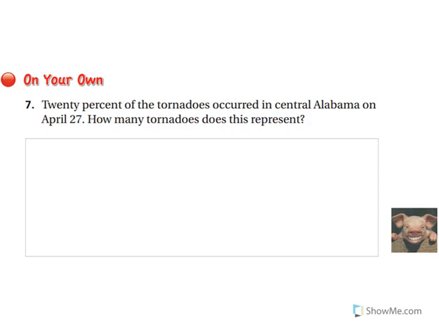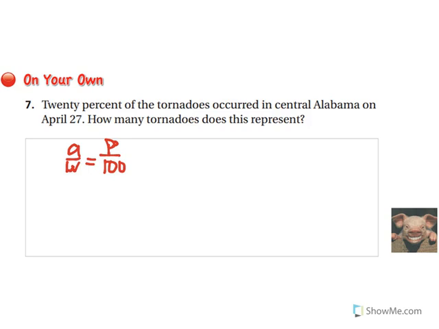I would use the formula A over W equals P over 100. And go ahead and solve this one, see how you guys do. And then once you're done with this, we'll go over it, and then we'll try 5 and 6 next, okay?